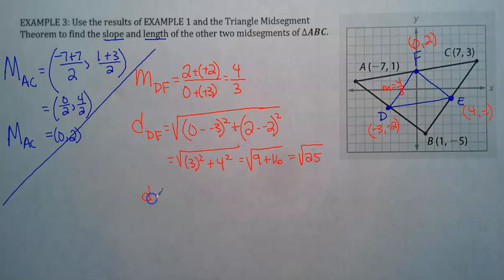So the distance of DF equals 5. And if you remember, this is 5, and the length of this side was 10. So 5 is half of 10. Don't you like how that works out? And these two are parallel. That's what the midsegment theorem said. Just like this one, DE is parallel to AC.